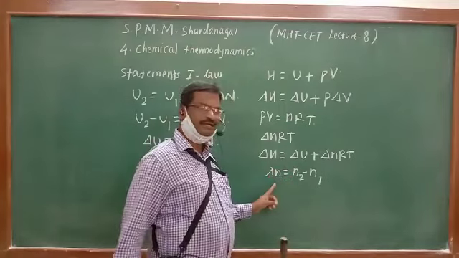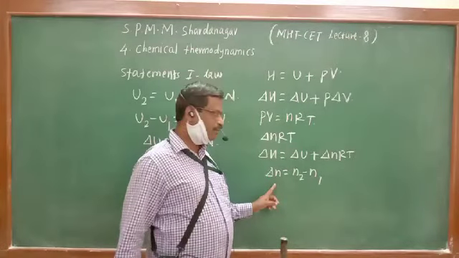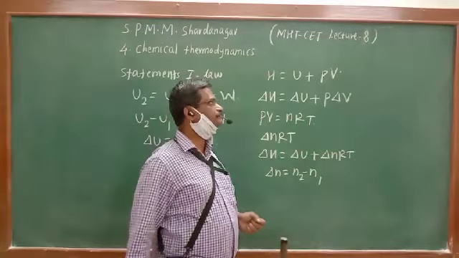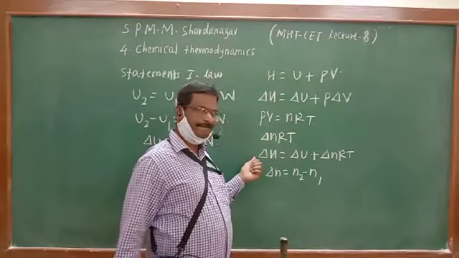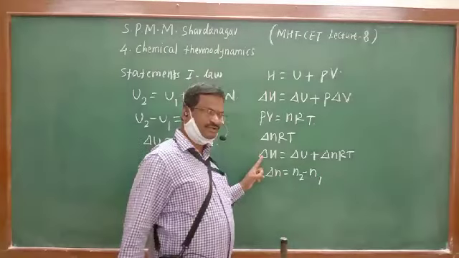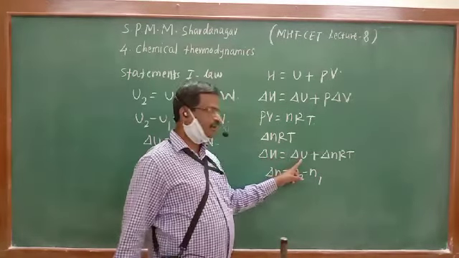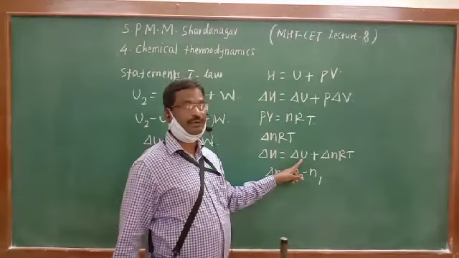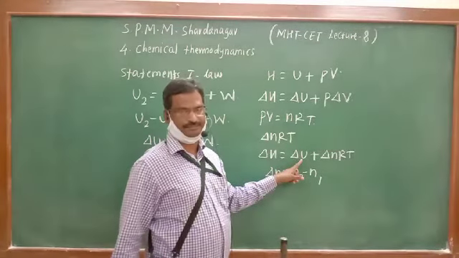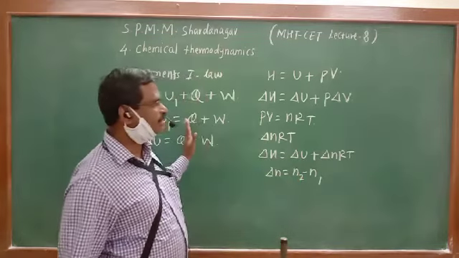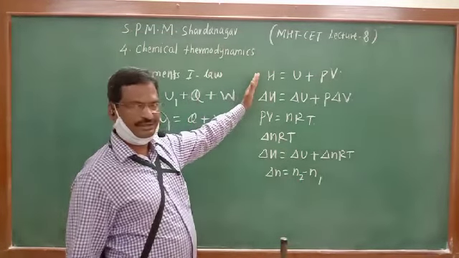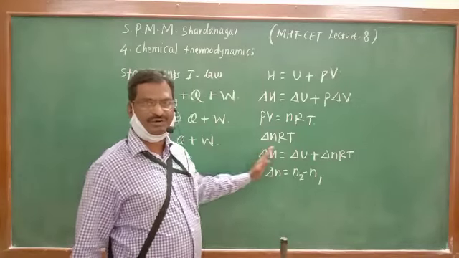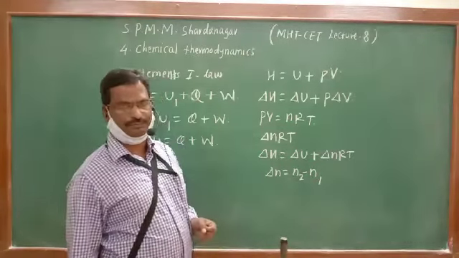To calculate delta n, only the number of moles in gaseous state are considered. So this is the relation between enthalpy of reaction at constant pressure and enthalpy of reaction at constant volume for a given chemical reaction. This is the first law of thermodynamics, enthalpy, and the relation between enthalpy of reaction at constant pressure and at constant volume.